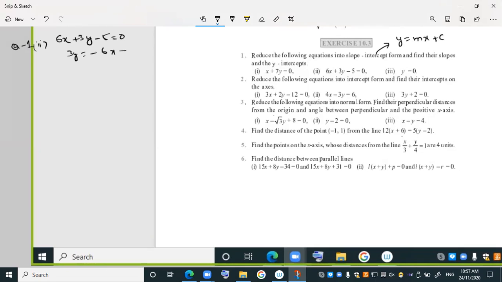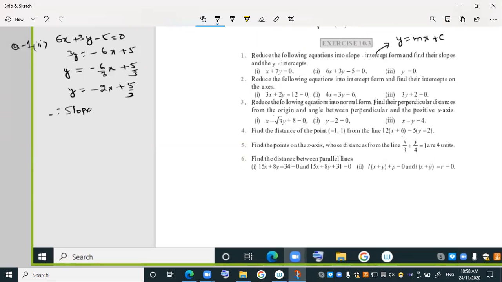So leave the y term on the left side, bring all the other terms to the right hand side, and divide by 3 also, because on the left side only y should be left with coefficient 1. Divide by 3, so minus 6 by 3 x plus 5 by 3. So y is equal to minus 2x plus 5 by 3.